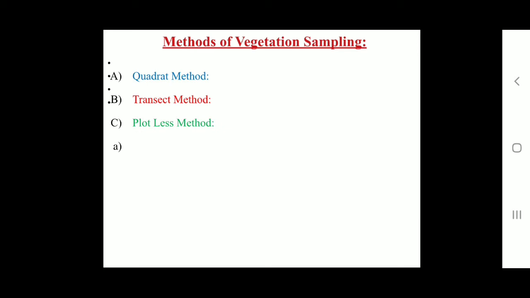The quadrat method can be used in virtually any vegetation type to quantify the plant community. A single quadrat cannot be accepted to sample a community adequately. Therefore, repeated quadrat samples are taken randomly. The area to be sampled is divided up into sub-areas depending on the topography, soil, and other physical features and apparent floristic differences.